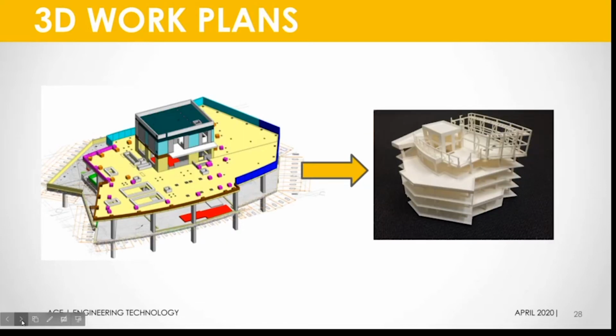Now, on the next slide here, we have a similar situation. We have a 3D model of the top of a tower, but sometimes digital is great, and sometimes it's not nearly as good as actually having something physical in your hand. So believe it or not, yes, even as contractors, we still will 3D print objects, especially here.